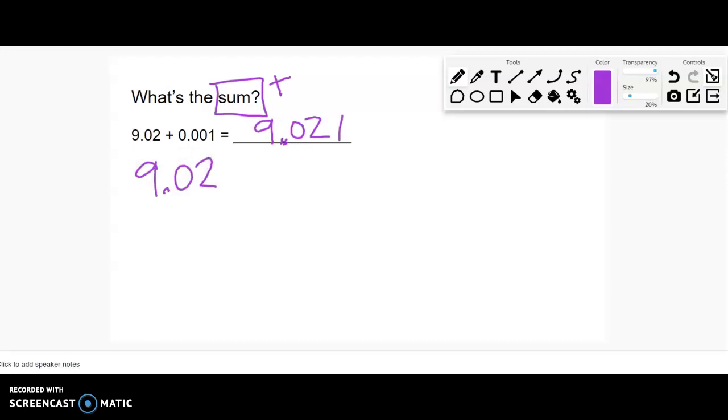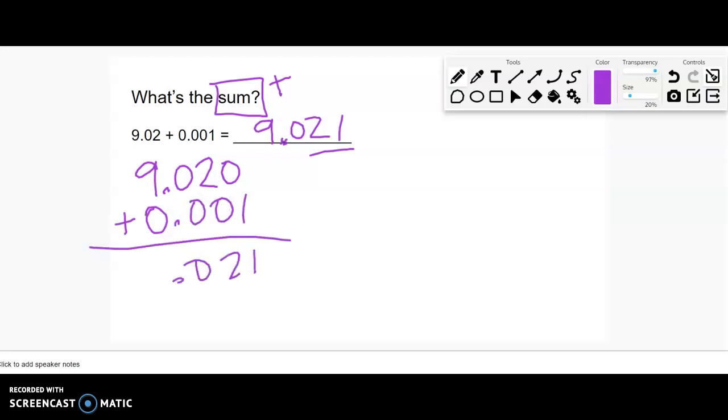If you need to, we can write it with a 0 to think I have 20 thousandths plus another 1,000th, I get 21 thousandths. Or I could even add on officially and I still get the same thing.